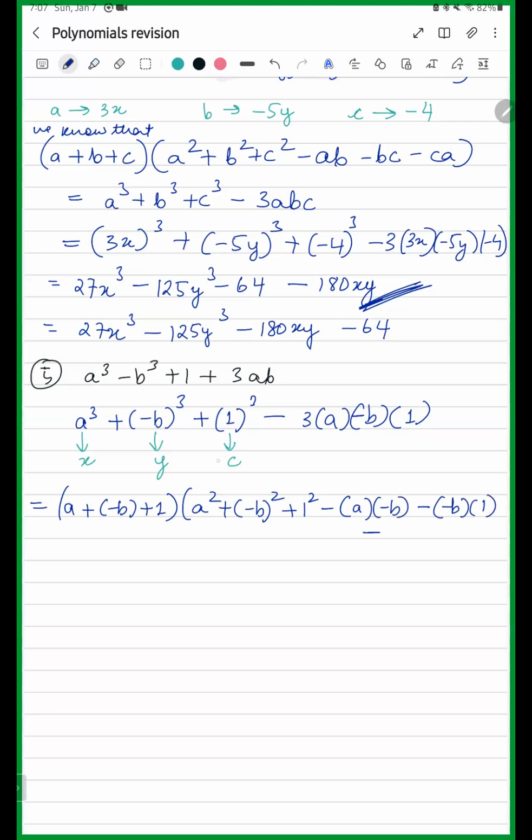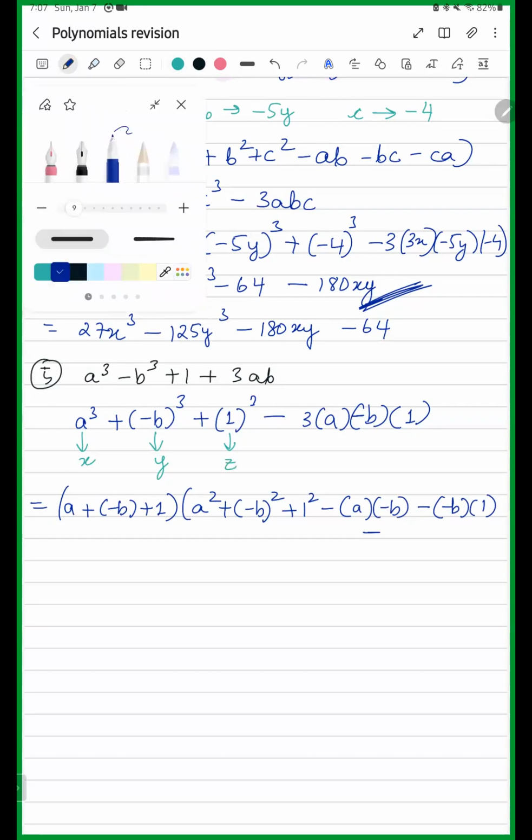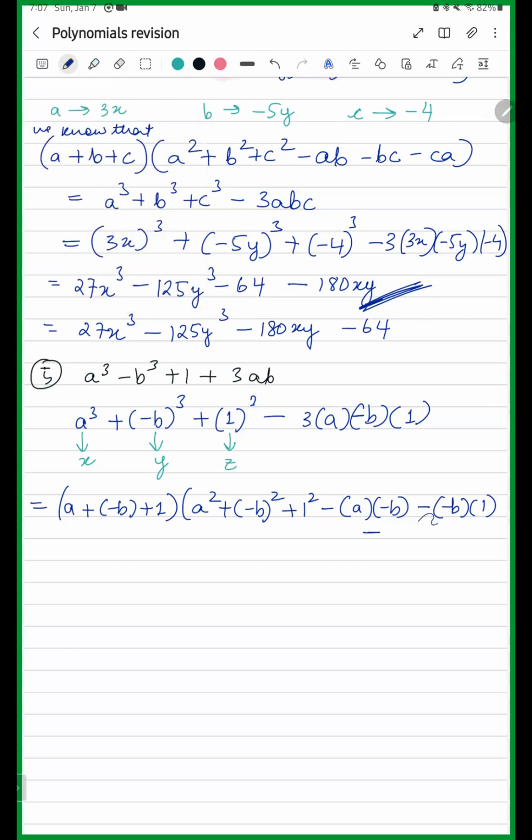Not c, this is z. Z is what? 1, and x is what? A.